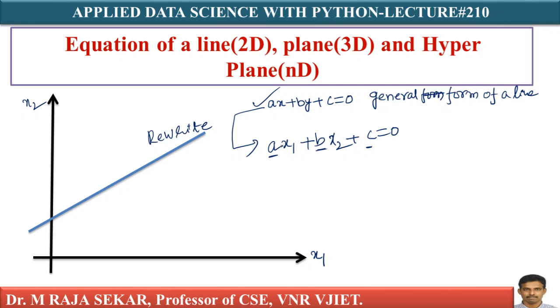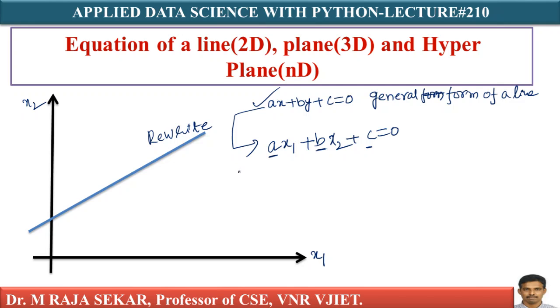If I want to work with 100 dimensions, I cannot write a, b, c, d, e, f, g, h. It's a little bit difficult. For a 1000 dimensional space, I cannot keep on writing a, b, c, d, e, f like this, because I don't have enough alphabets.